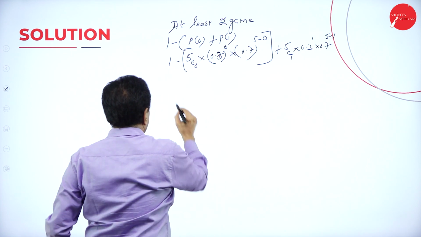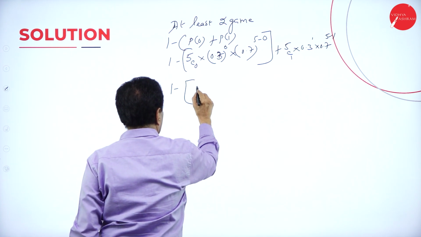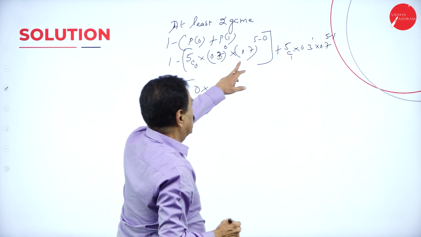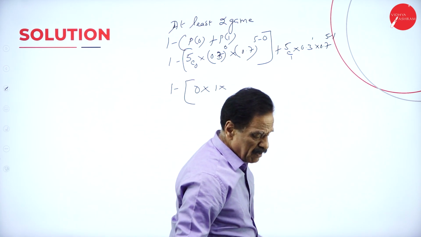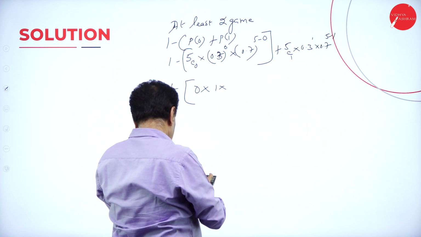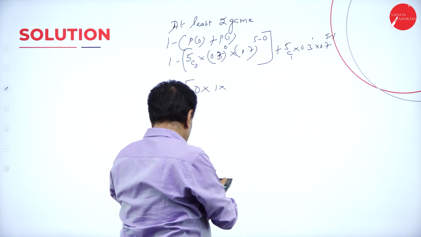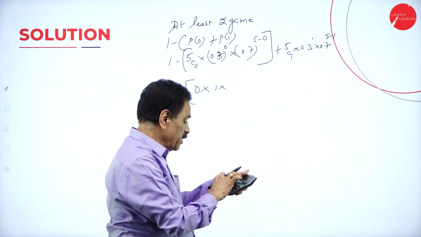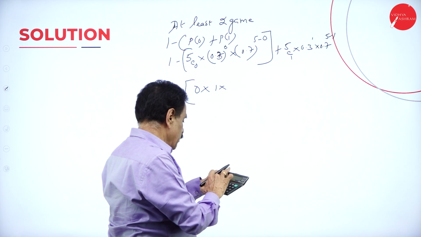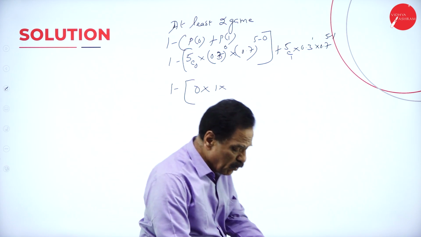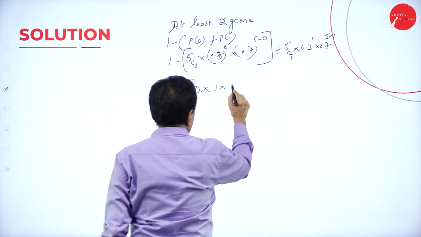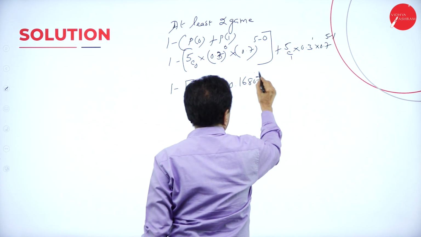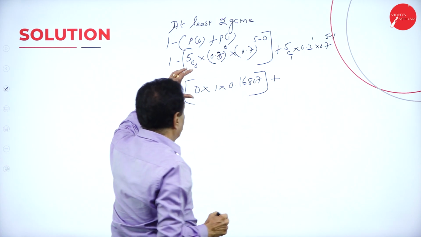So 5C0 is 1. Anything to the power of 0 is 1. 0.7 to the power of 5: 0.7 into 0.7 two times, three times, four times, five times. It is 0.16807. This goes in favor of P of 0.